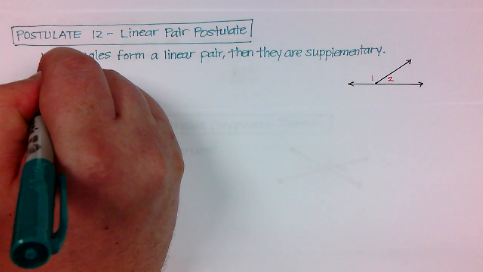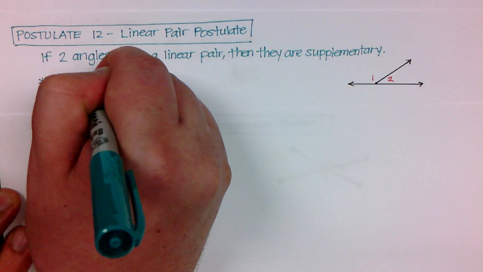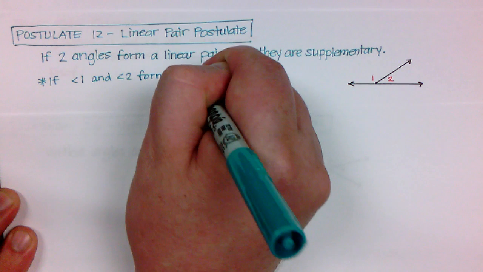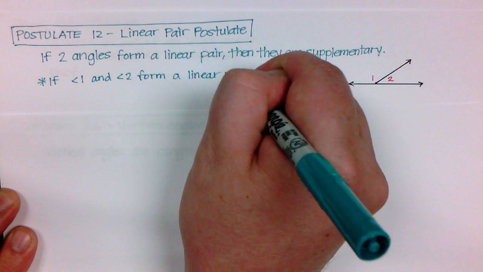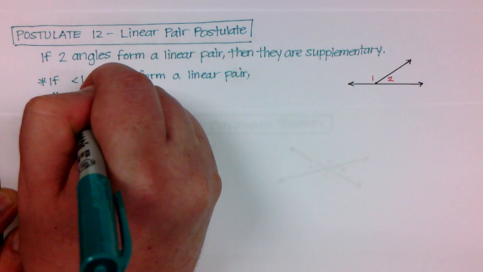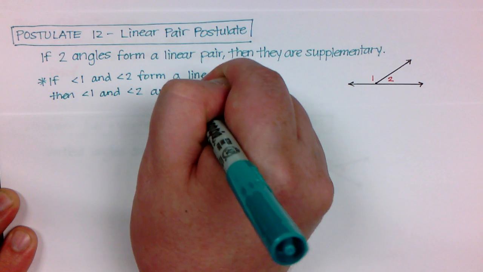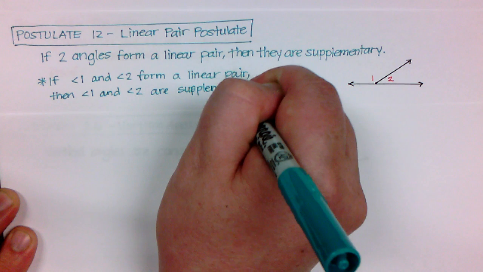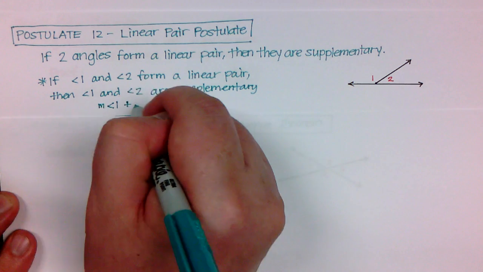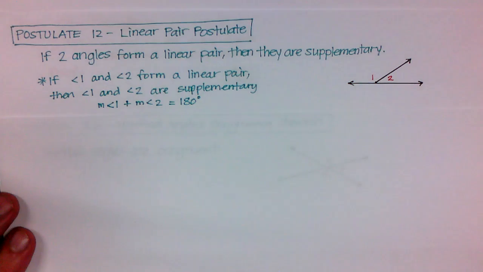So we can say that if angle 1 and angle 2 form a linear pair, this is in our picture, then angle 1 and angle 2 are supplementary, which means that the measure of angle 1 plus the measure of angle 2 must equal 180 degrees. This is just a postulate.